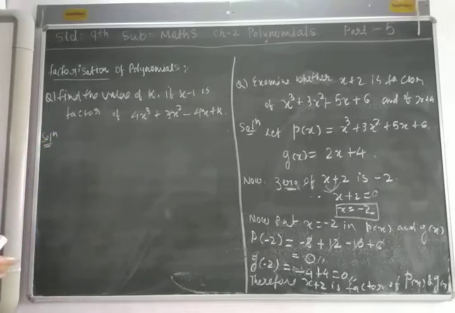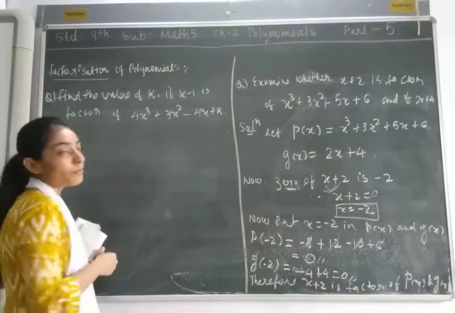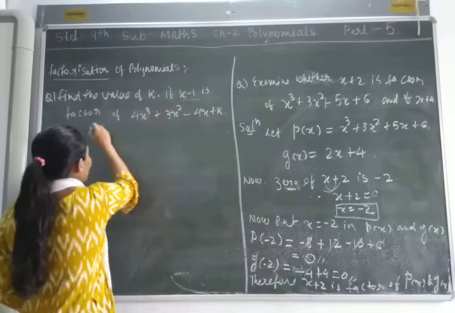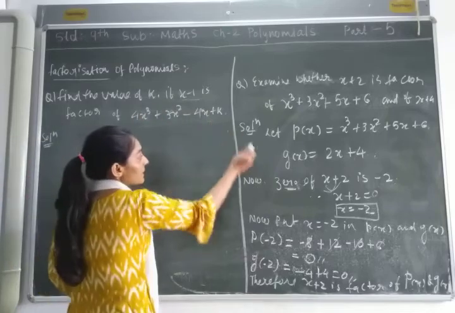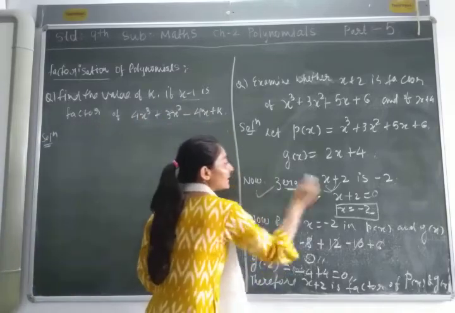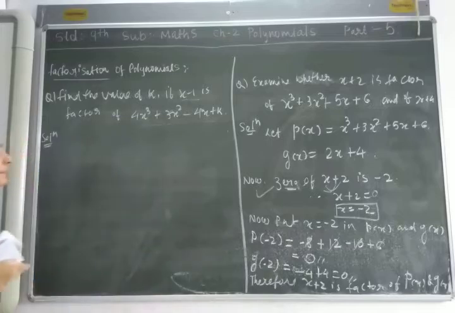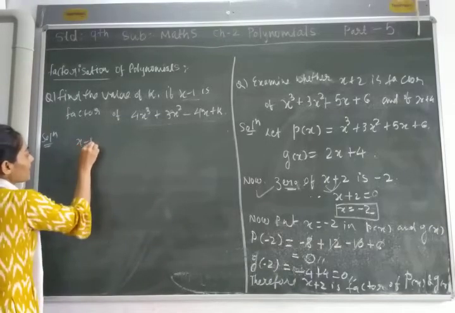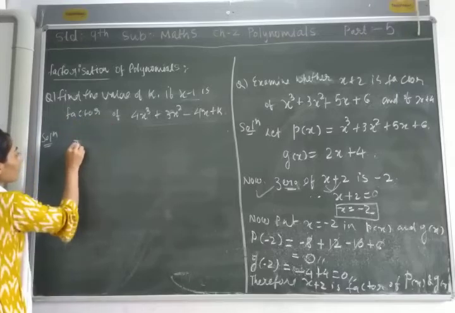If x minus 1 is a factor of this polynomial, we just write it in the zero form. So x minus 1 equals 0.